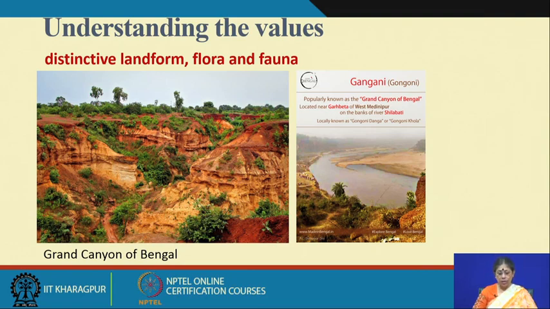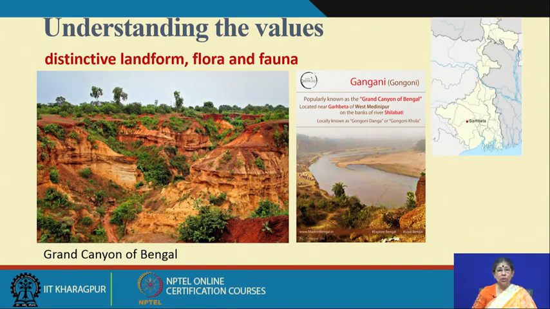It is actually called Gongoni Danga or Gongoni Khola, and along that river Shilabati or Shilai, because of the laterite soil, it has made this formation, which is located in West Bengal in the West Midnapur district.